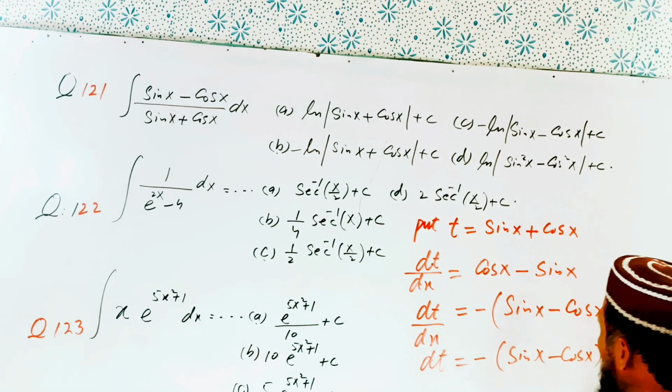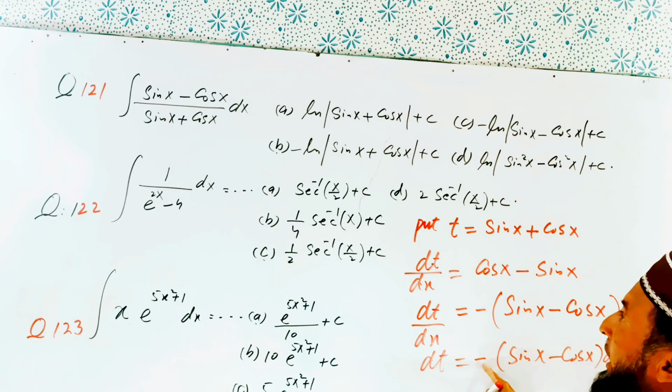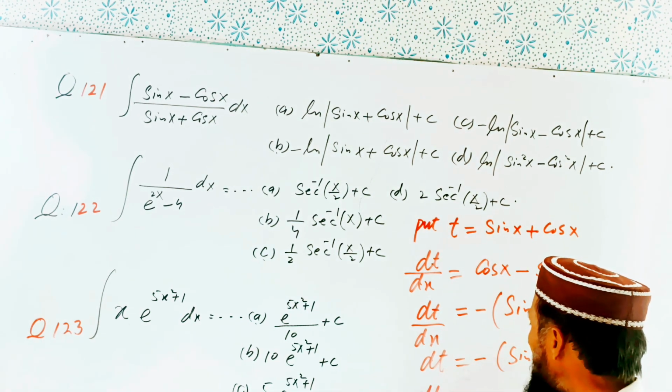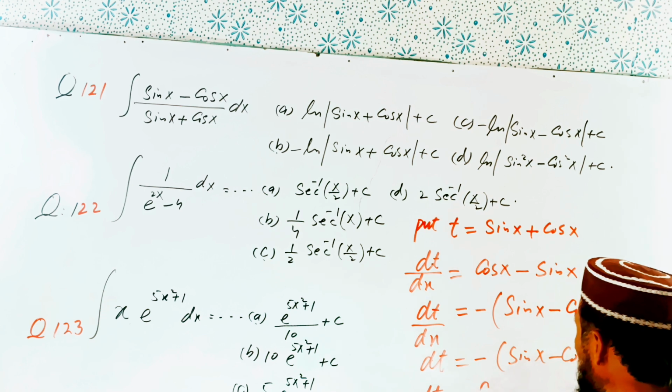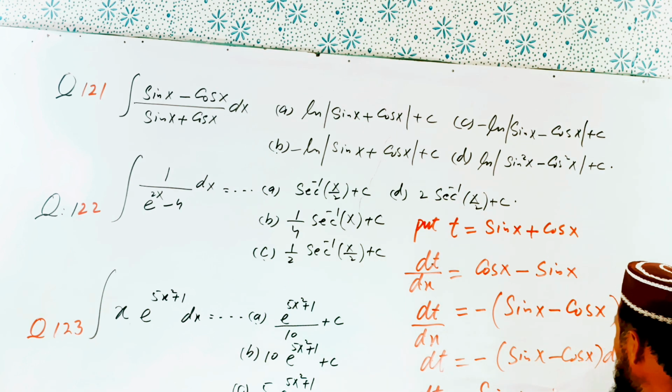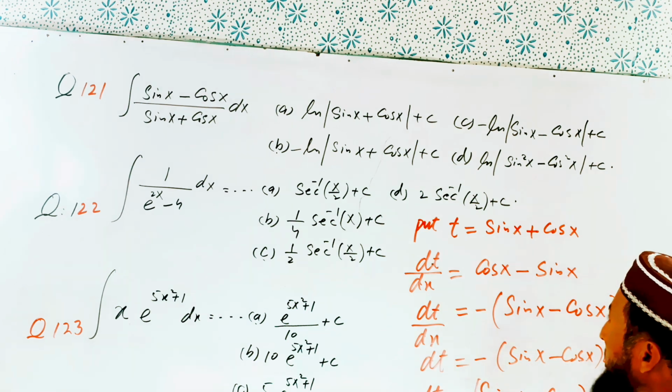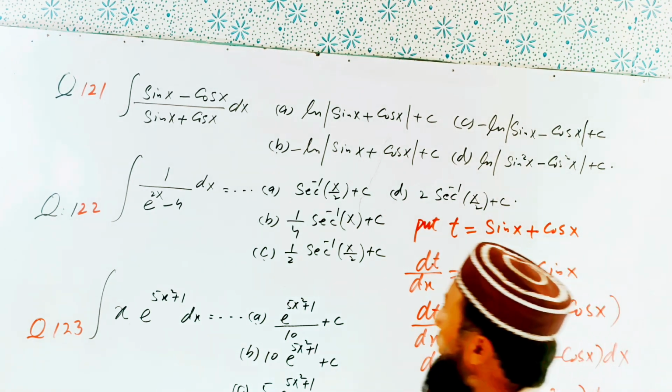Dx is multiplied here, and this minus sign is not required. We divide both sides by minus 1. We get here minus dt equal to sin x minus cos x dx. Now we substitute this result in the above equation.